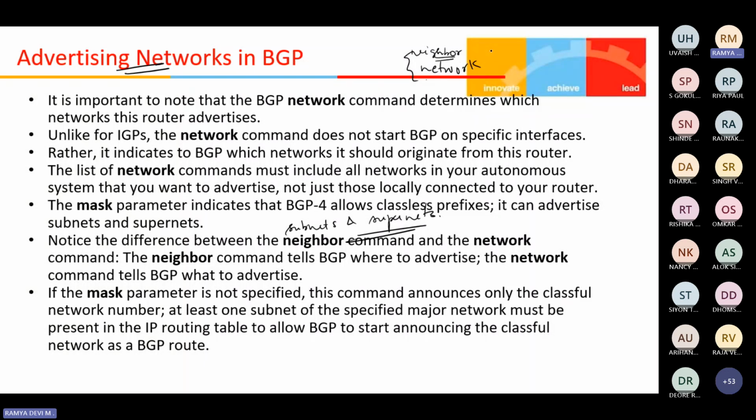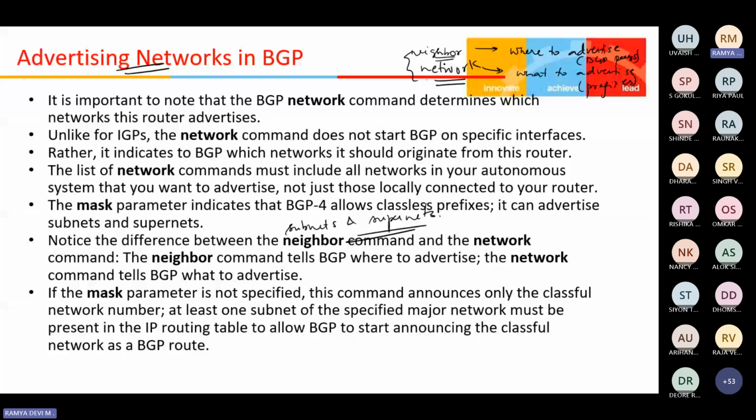The neighbor command tells where to advertise, that is, the BGP peers. The network command tells what to advertise, that is, the prefixes. So the network prefixes will be advertised and the neighbor peers will be sending the routes.